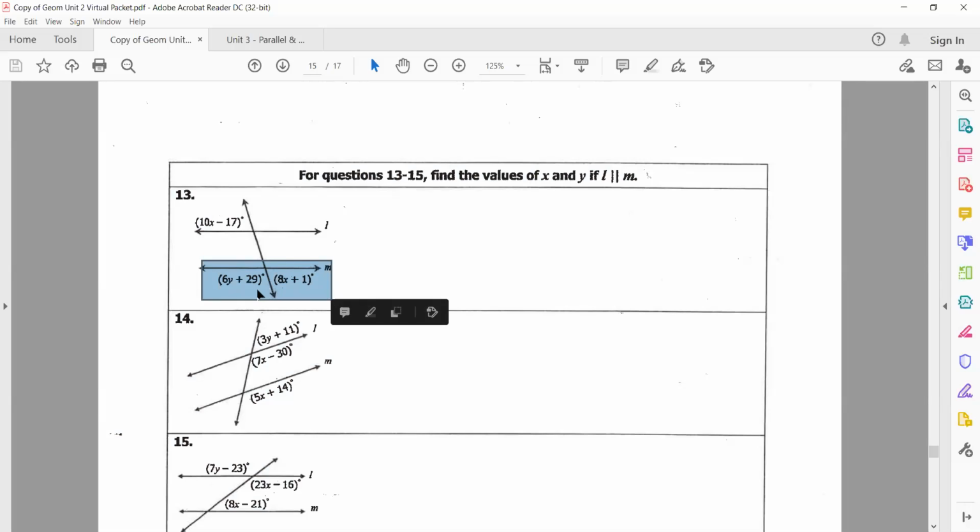Are they equal? No. Yes. Think of the relationship again. What's the relationship now between these two angles along that line M?